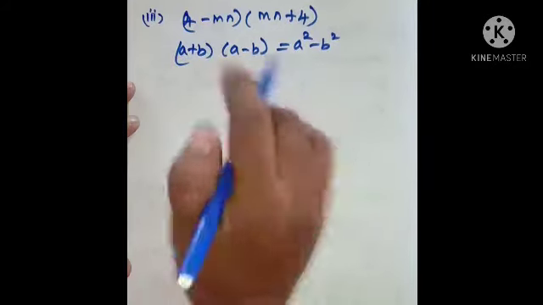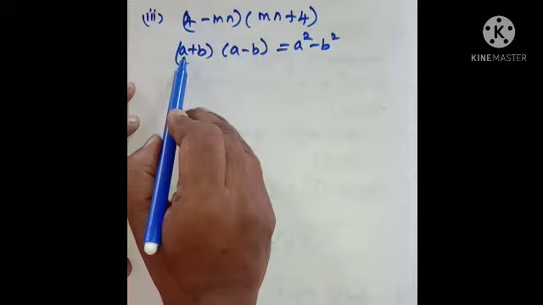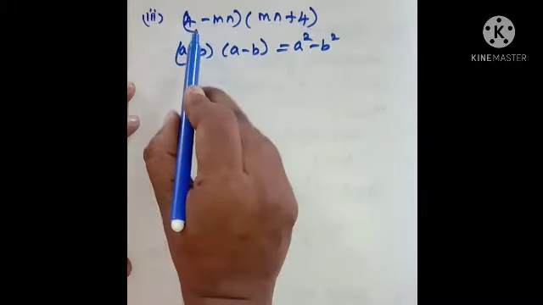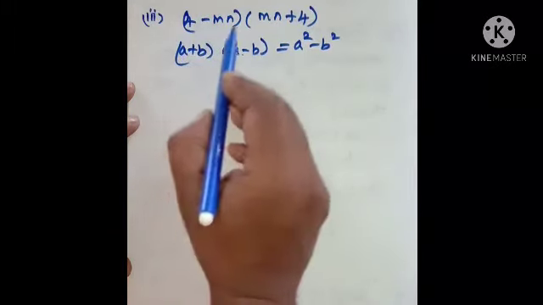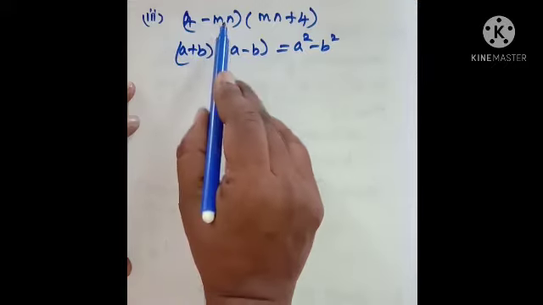First, see, in place of a, it is 4, and in place of b, here it is mn.